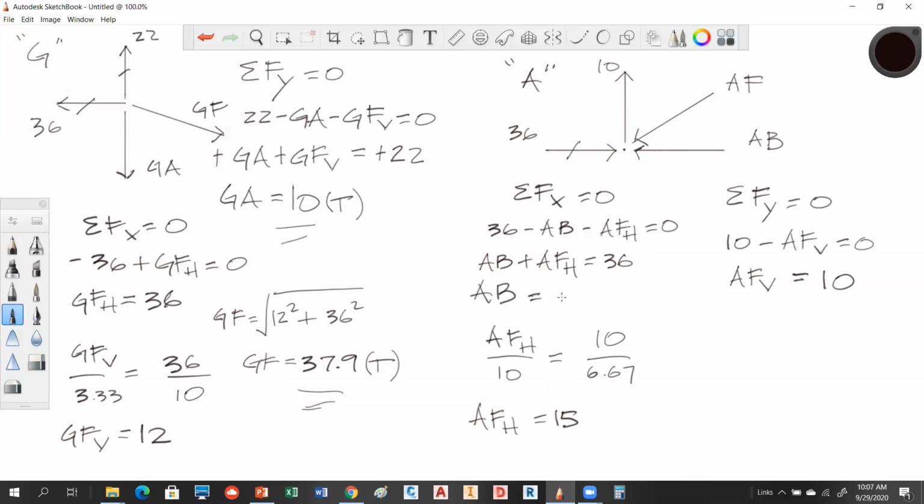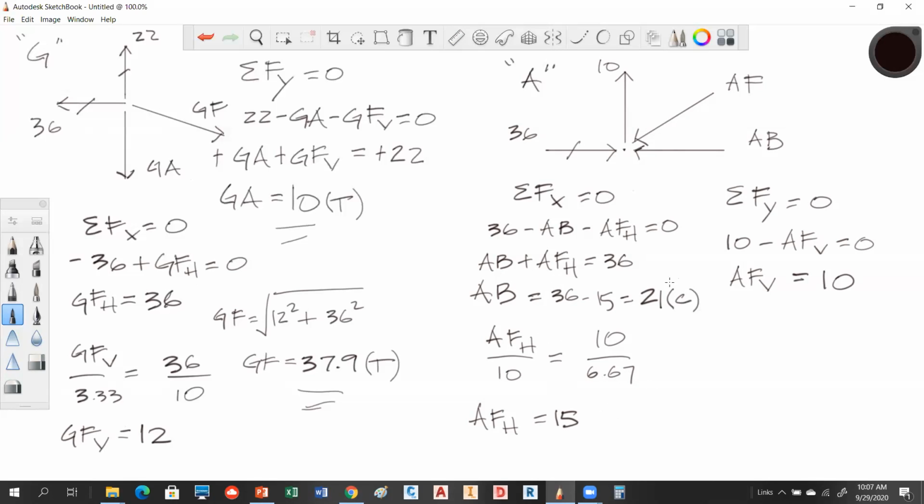So that'll be 36 minus 15, which gets us 21, and it was positive. What does that tell us? We indicated compression initially, and this says yes, you were right. So we were right in both cases.